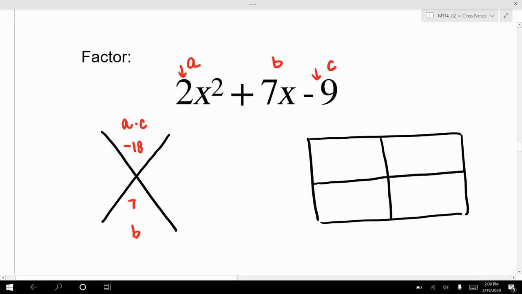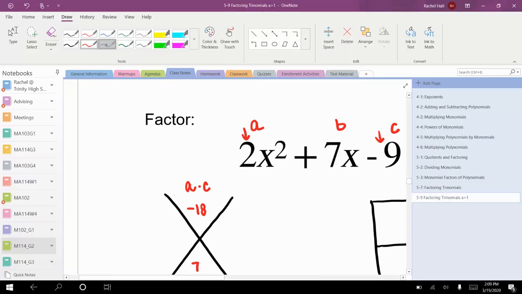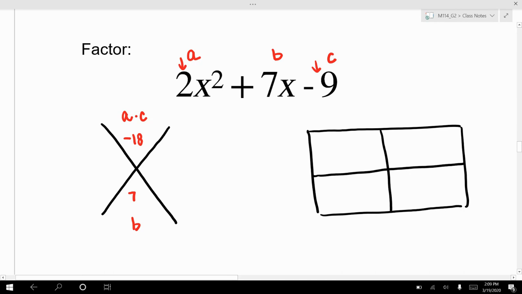Okay, so we've got the top and the bottom filled out, and now we need to fill out the left and the right side. So this is where we're similar to the factoring that we've been doing, and I'm looking for what two factors that when you multiply them together gives us 18 or -18, and when you add or subtract them together, it gives you 7.